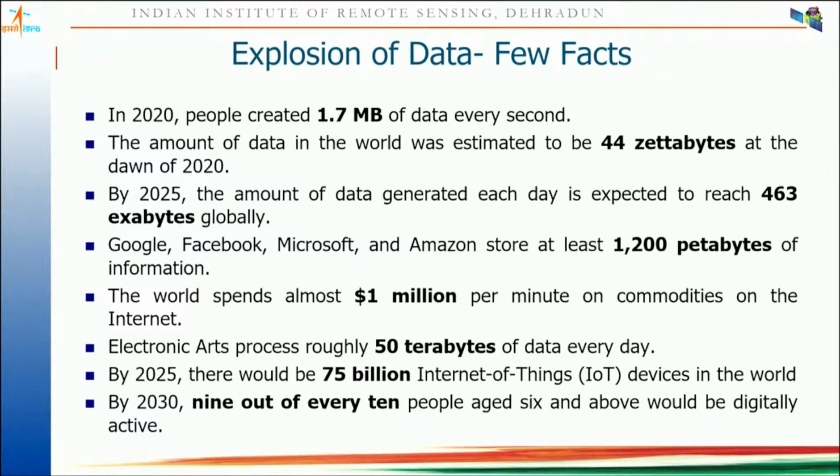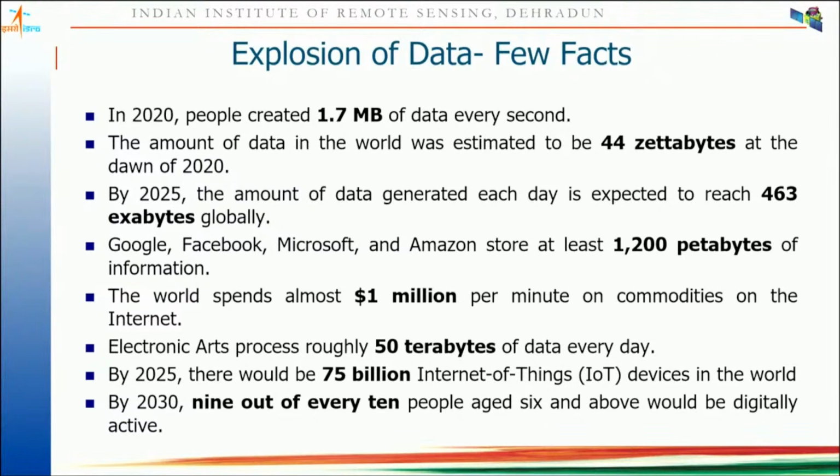Now you can think about what kind of data we are generating. Google, Facebook, Microsoft, and Amazon store around 1200 petabytes of information in their data centers. The world spends almost $1 million per minute on commodities on the internet, and electronic health records process roughly 50 terabytes of data every day. And by 2025, we are expecting around 75 billion Internet of Things, or IoT, devices in the world.